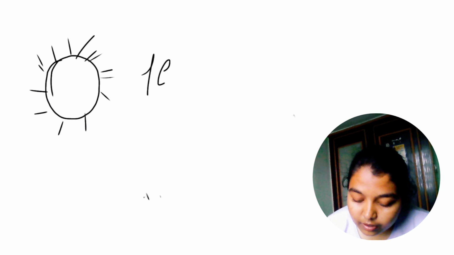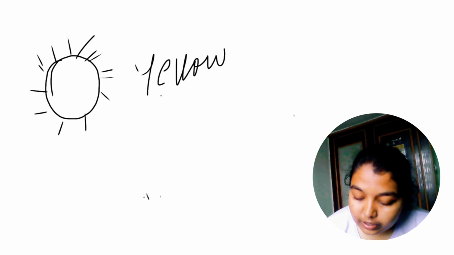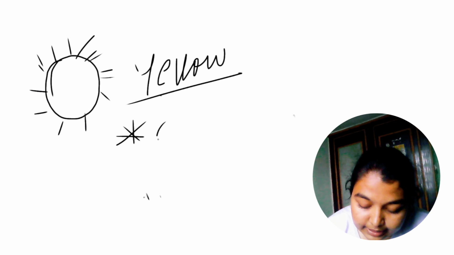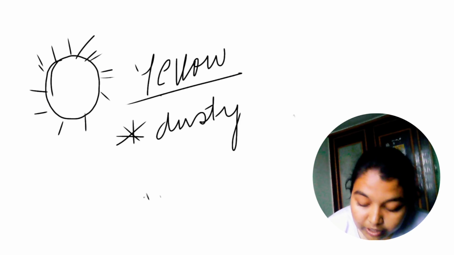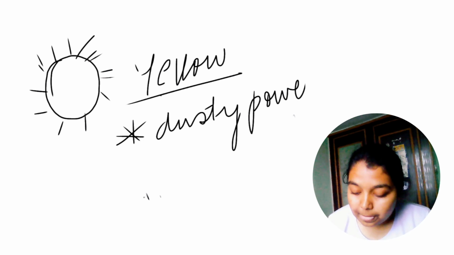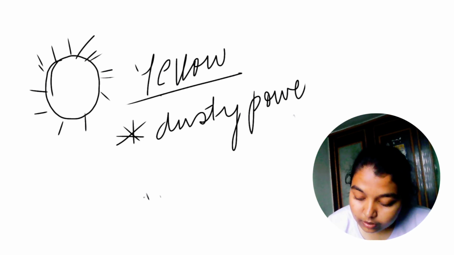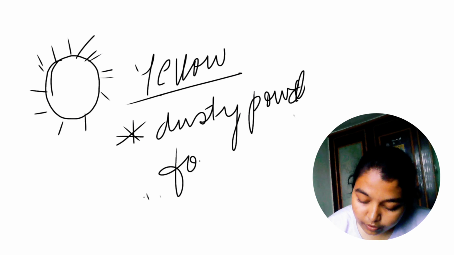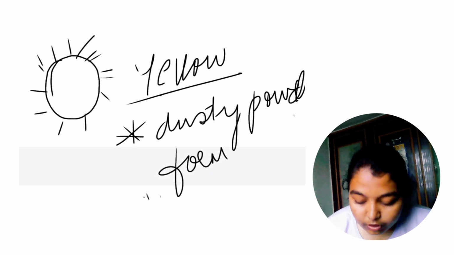Basically it will be yellow in color, and it has a dusty, powdery layer above the pollen grain.